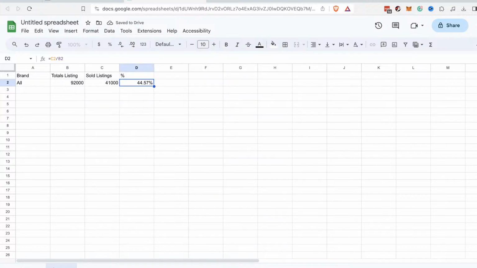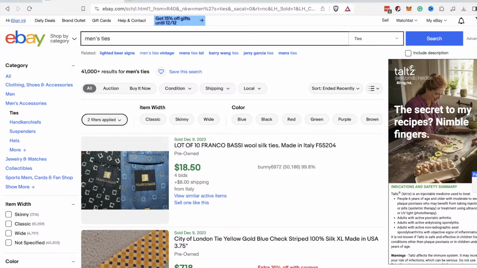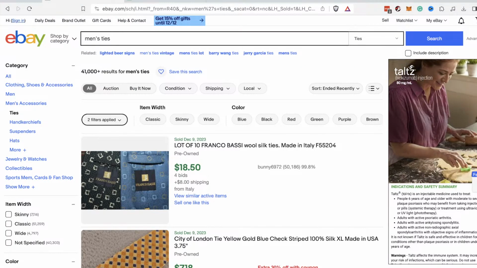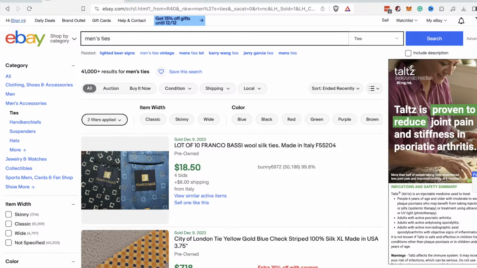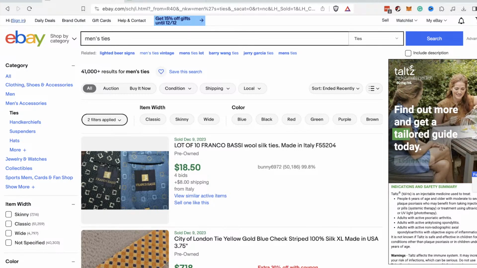So just under half are sold. When you look at all these ties that are listed over the same period, and I do believe that the windows are the same when you look at all versus sold, I think you can just look at this history of things that sold when you're looking for a brand.